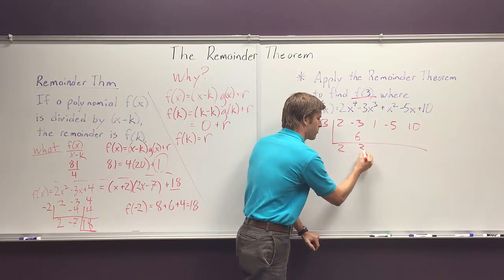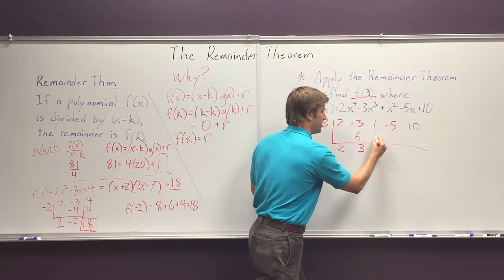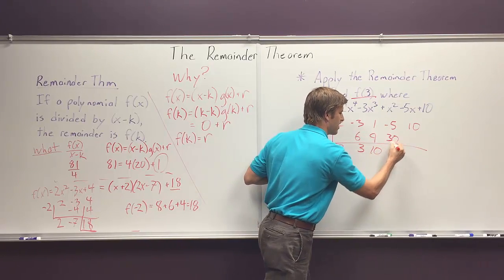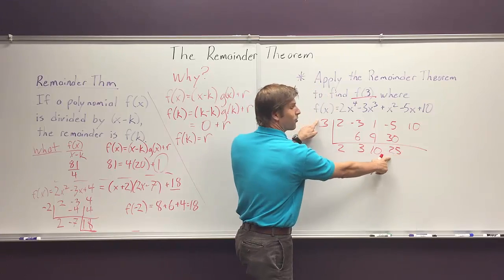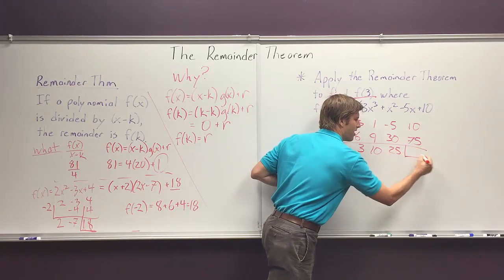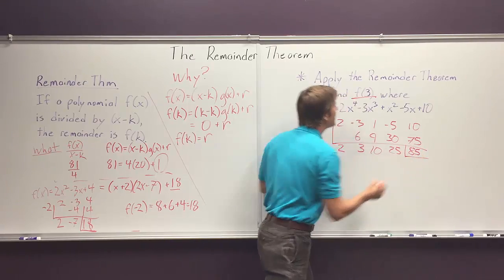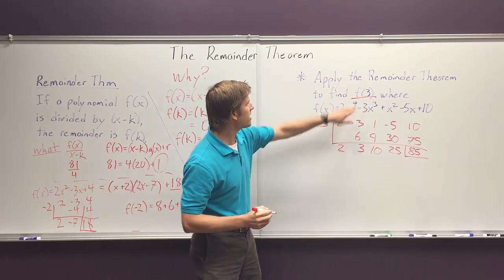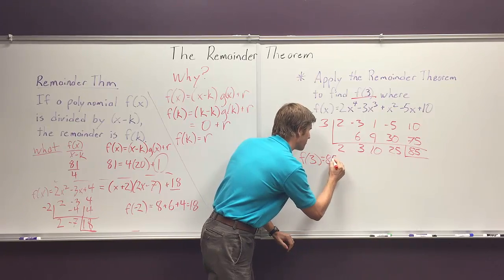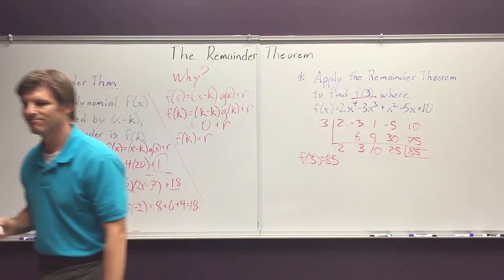Add down 3. Multiply 3 times 3, 9. Add down 10. Multiply by 3, 30. Add down 25. Multiply by 3, 75, and my remainder is 85. The remainder theorem says f of 3 is 85, and I'm all done.